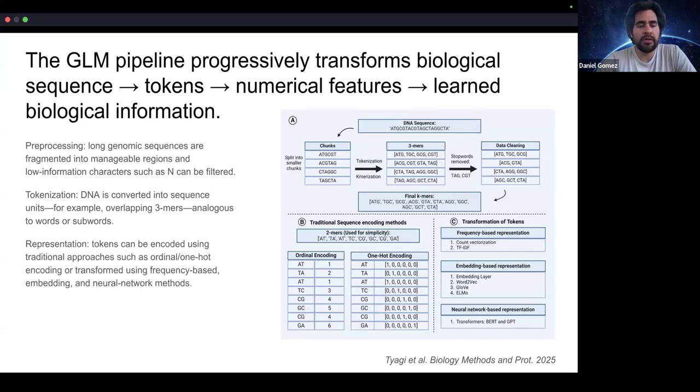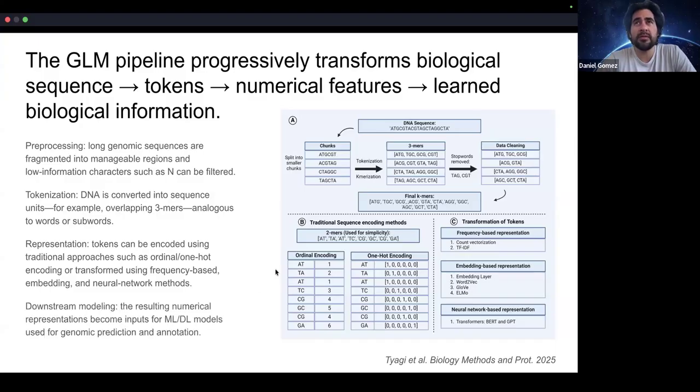The representation tokens can be encoded in traditional approaches such as ordinal or one-hot encoding, or transformed using frequency-based embedding and neural network methods. Downstream modeling takes the numerical representations as inputs for ML/DL models that are used for genomic prediction and annotation.